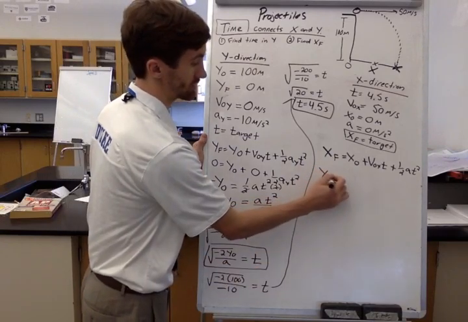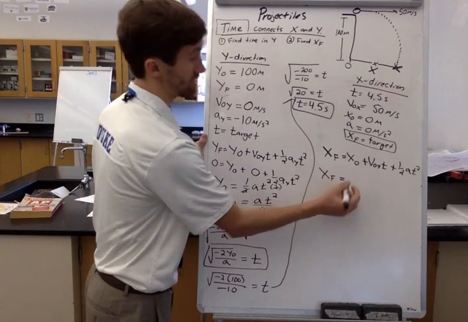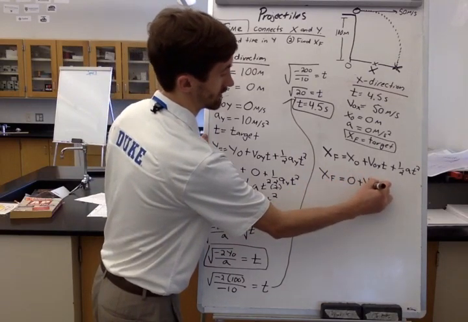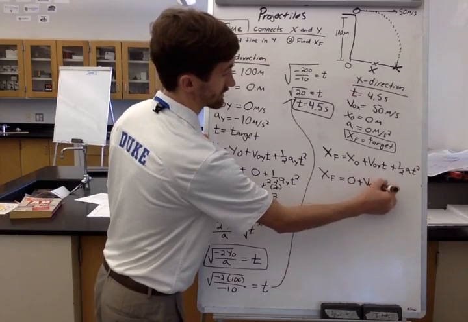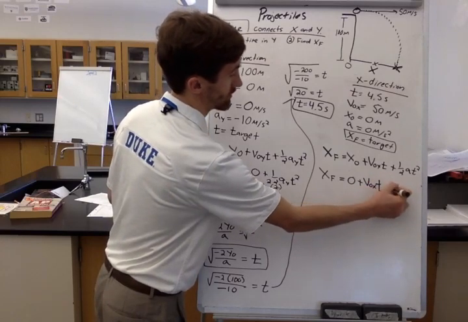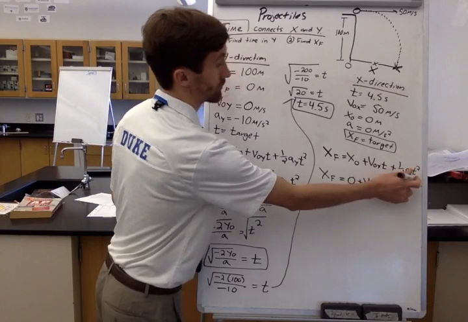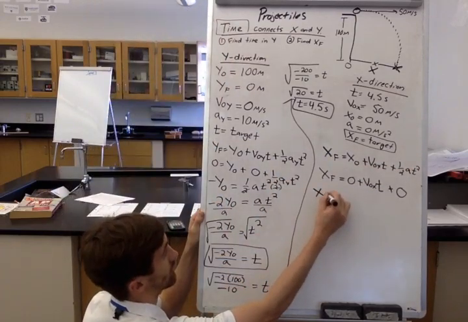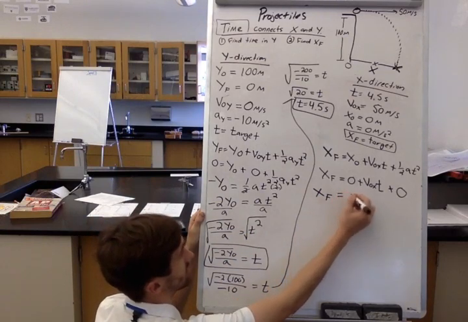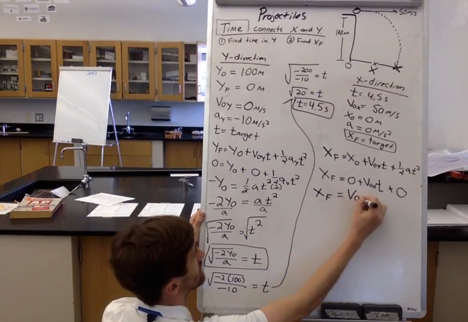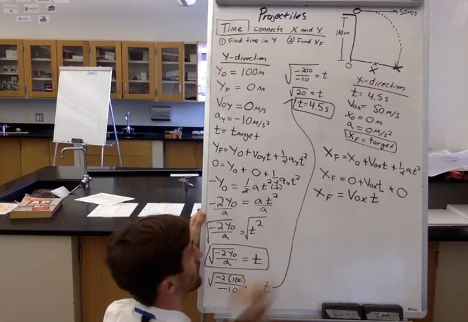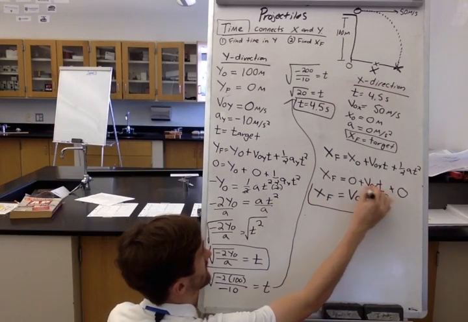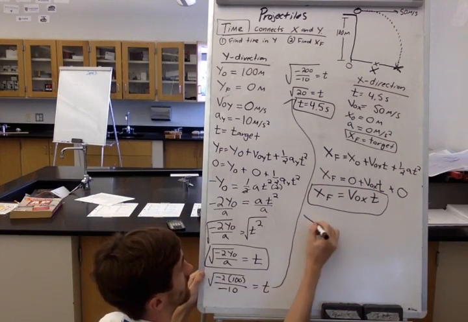So our final position equals 0 plus our initial velocity in x multiplied by time plus 0, because our acceleration is 0. Which means our final position is equal to the initial velocity in x multiplied by the time. So that is our final answer in terms of variables.